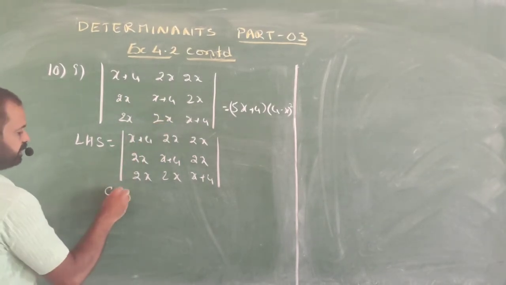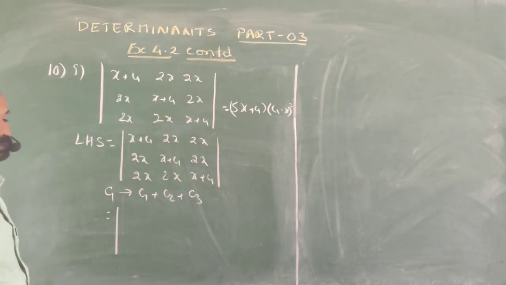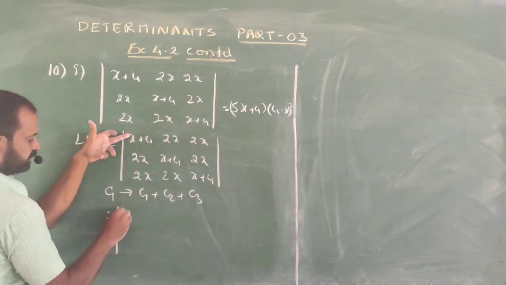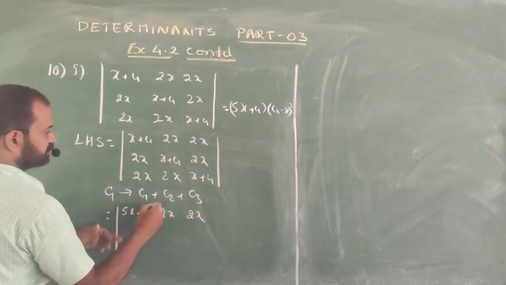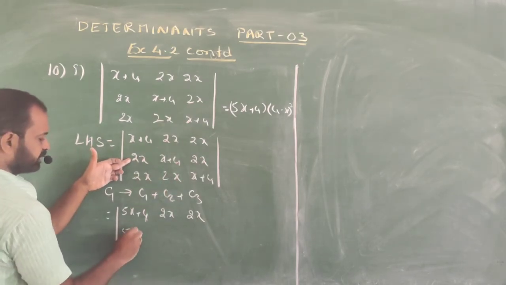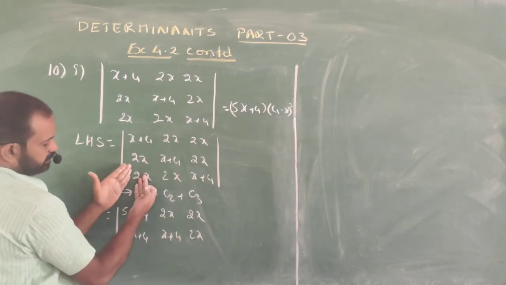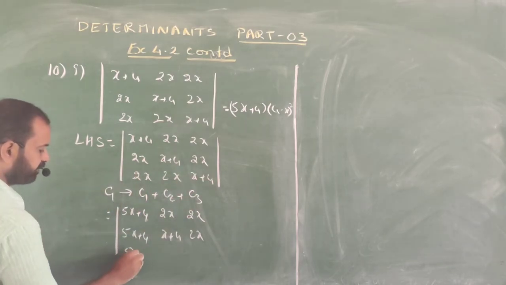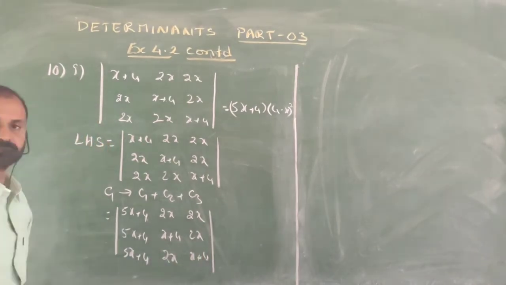Let me take C1 as C1 plus C2 plus C3, which is x plus 4 plus 2x plus 2x, that is 5x plus 4, and likewise in the other rows.